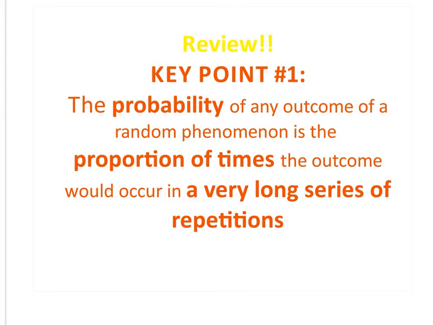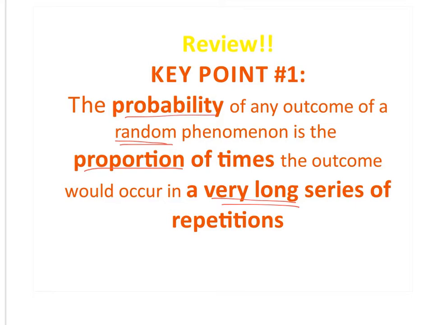So we're going to review key point number 1 from last class. It says the probability of any outcome of a random phenomenon, so we're talking about random events or chance behavior, is the proportion of times the outcome would occur in a very long series of repetitions.